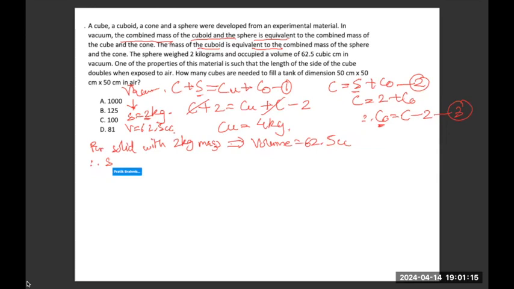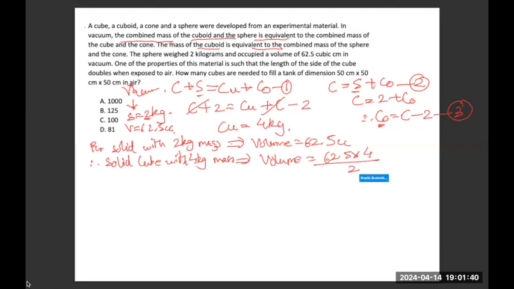Therefore, for a cube or a solid with 4 kilo mass, material is not changing. Please note here. Volume will be how much? It will be 62.5 multiplied by 2, multiplied by 4 upon 2, which is equal to 125 cc.